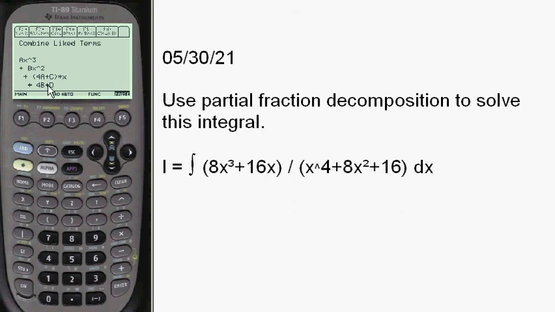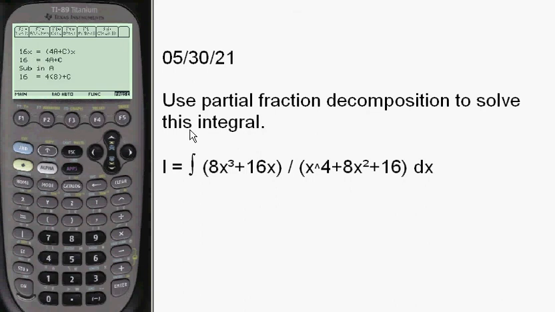I don't know how these geniuses came up with this stuff years and years ago. And we equate coefficients of the numerator. Here's ax cubed equals ax cubed on the right side, so a has got to equal 8. There's no x squared in the numerator here, so that's 0, and the coefficient is bx squared, so b has got to equal 0.